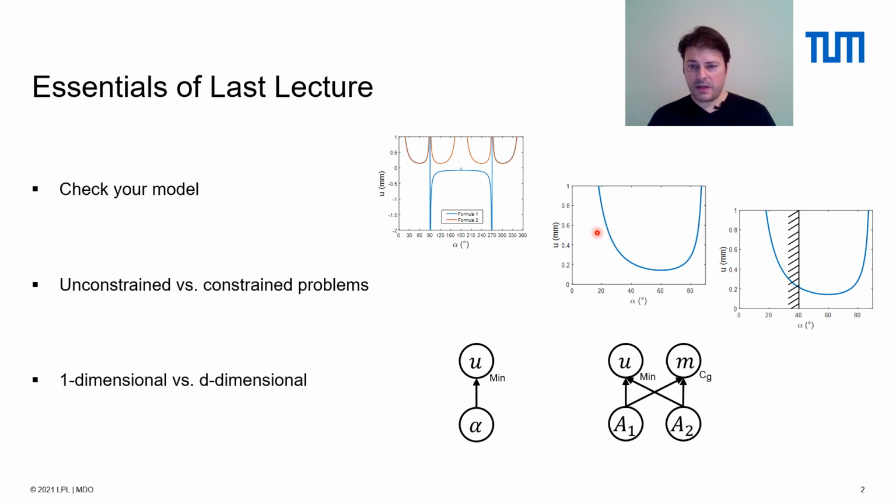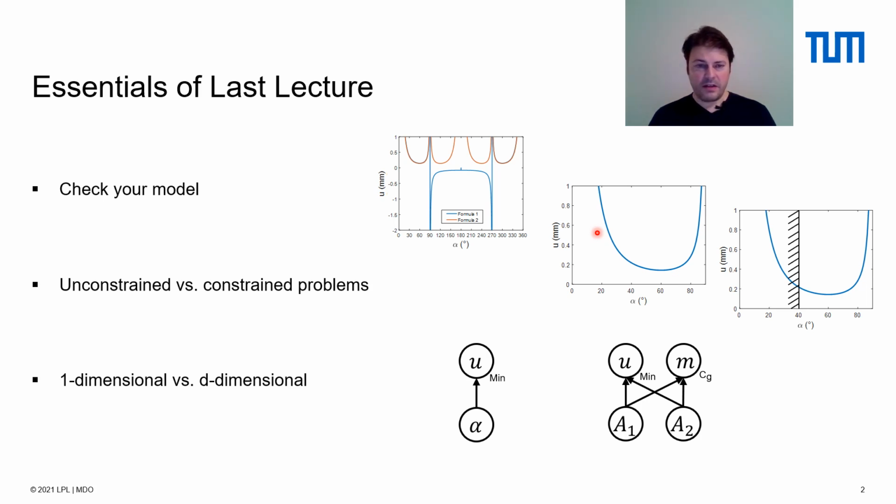There is an important distinction between unconstrained and constrained problems. Constraints come from requirements on your design or restrictions on your design space, and constrained problems are typically the ones that are more difficult to solve, but also the more interesting ones, because those are the ones that you encounter in industrial practice.